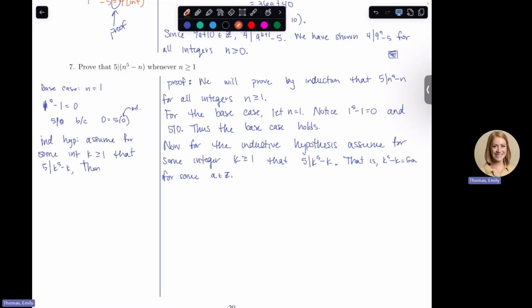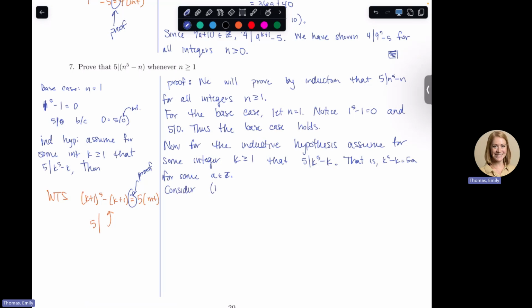Okay, what is the thing that we're trying to show? Is equal to 5 times an integer, right? Or that 5 divides that thing. All right, so the proof is this part. We're going to start with the left-hand side there.